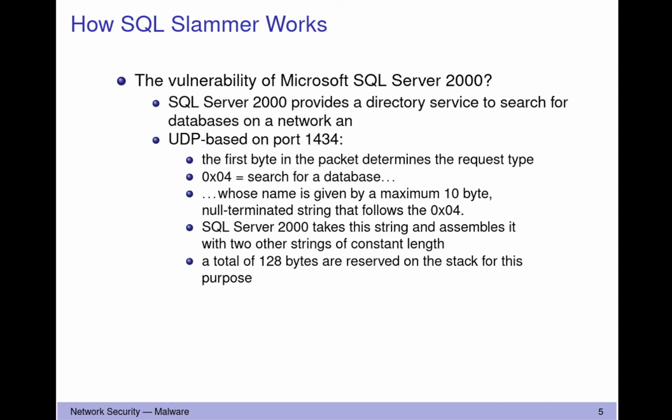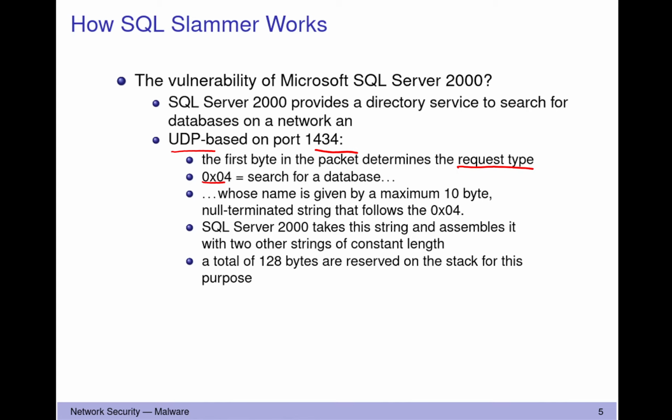So what was the cause? First of all, it affected MySQL Server 2000, and there was a service offered to search for databases on a network. It was UDP based, on a specific port, and the first byte determined the request type, what you're looking for, searching for a database.